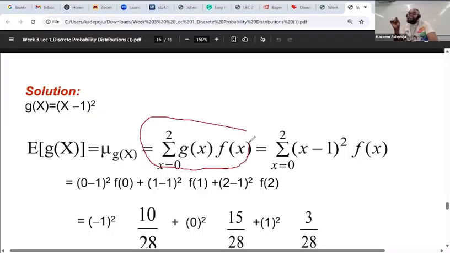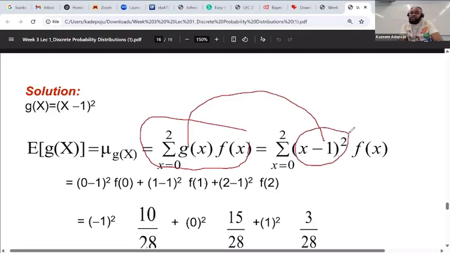The expected value of g of X is the summation of g of x times f of x. What is my g of X giving? X minus 1, all squared, multiplied by f of x. Now I need to first figure this out. Don't forget, you were given 0, 1, and 2. You plug in 0, you plug in 1, you plug in 2.